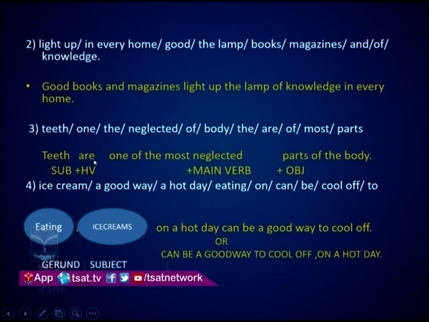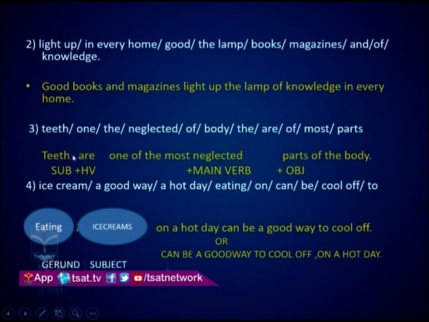If you arrange this and read this, you will get a meaningful sentence. Here teeth is the subject, are is the helping verb. Here you find neglected, the main verb, then the remaining words are objects. So, automatically the sentence is arranged in the proper order if you are able to get the subject and verb.